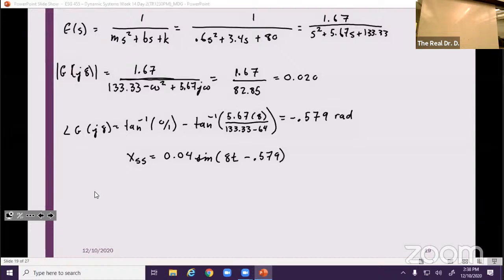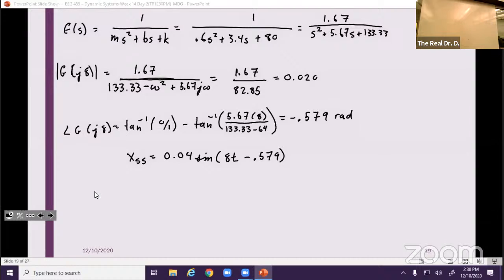And so that's 133.33 minus 64 because 8 squared is 64. If you do the Pythagorean theorem of the real and imaginary parts for both the numerator and the denominator, we end up with 0.02 as our magnitude at 8 radians per second.